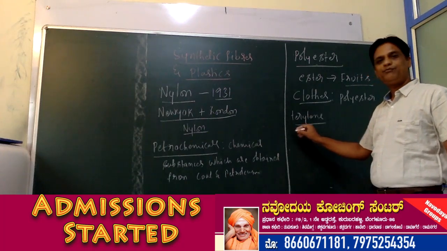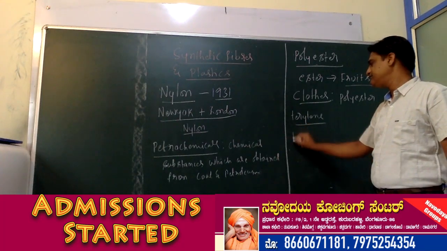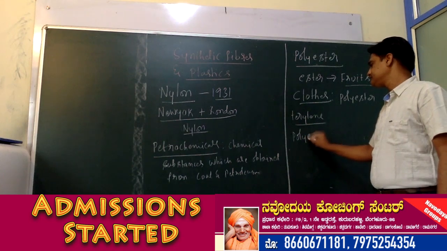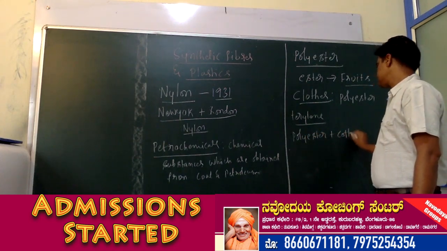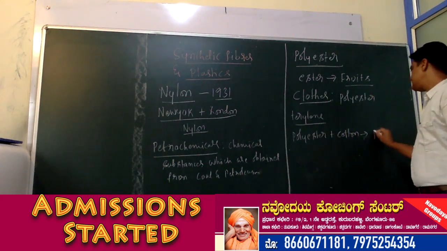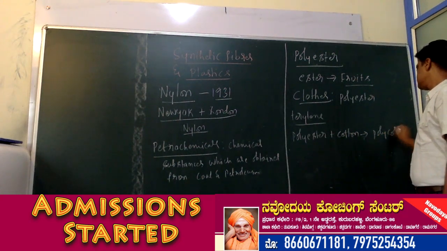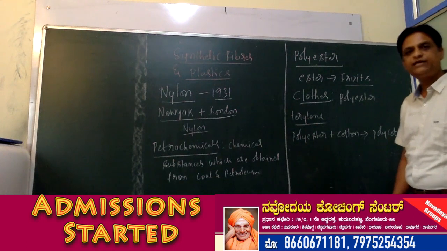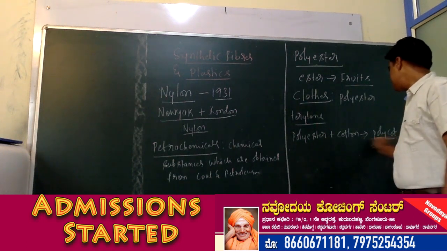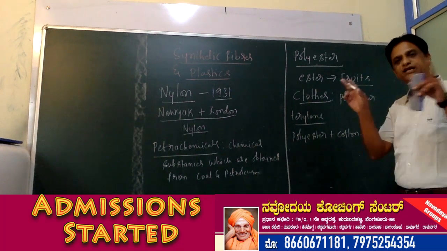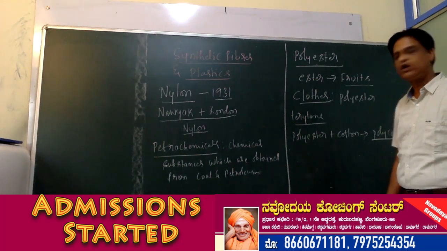Similarly, polyester is mixed with cotton to get a new type of fiber which is called polycot, which can also be used in making cloths.